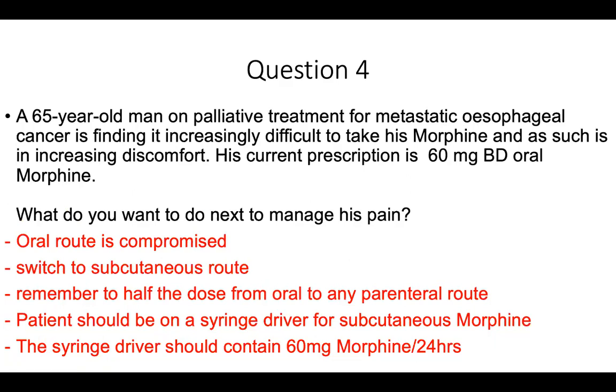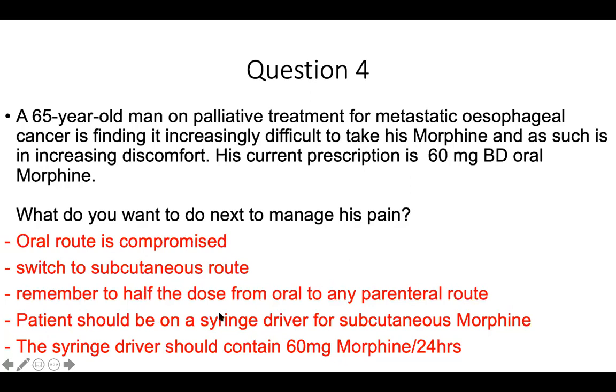So you need to consider other routes of administration. So the oral route is compromised. So you need to switch to subcutaneous route. And remember to halve the dose from oral to any parenteral dose. So any parenteral route. Okay?